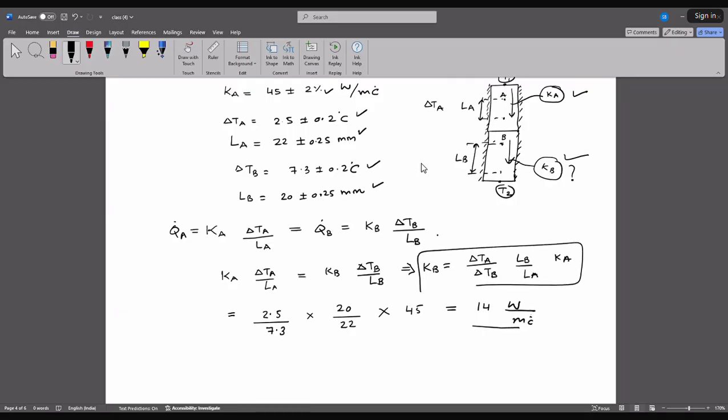So basically, in this equation, all the uncertainties are given. So you can use the similar formula that we have used earlier.